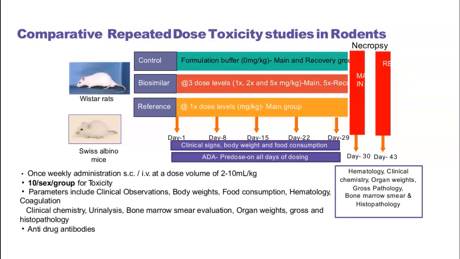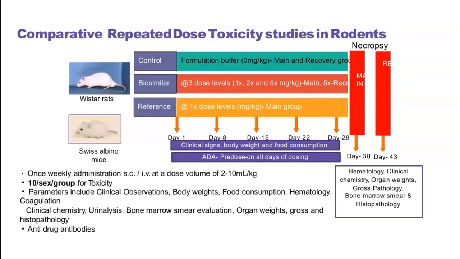This is a typical study design, especially in India, if you go with the RCGM guidelines for biosimilarity. They have mentioned that we have to take one control group, which is given the formulation buffer. The second group is the biosimilar group, but in the biosimilar group we also have to go for 3 dose levels: 1x, 2x, and 5x.